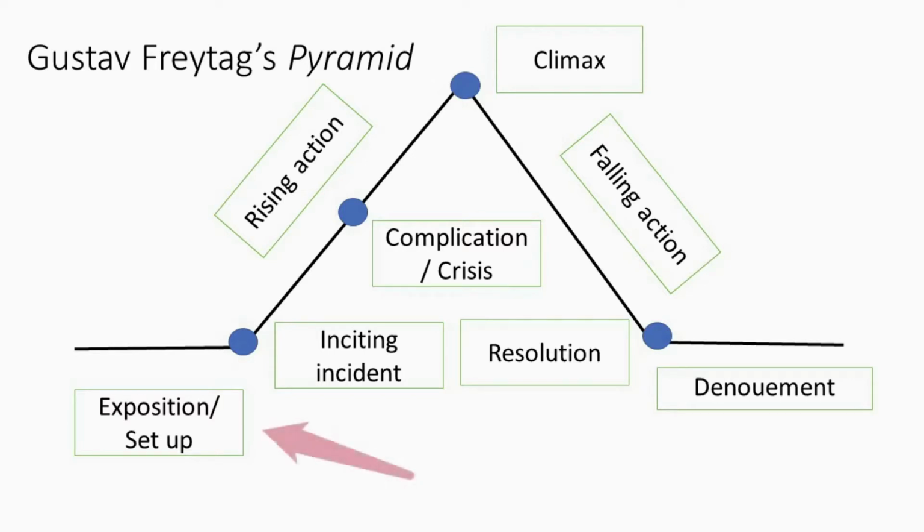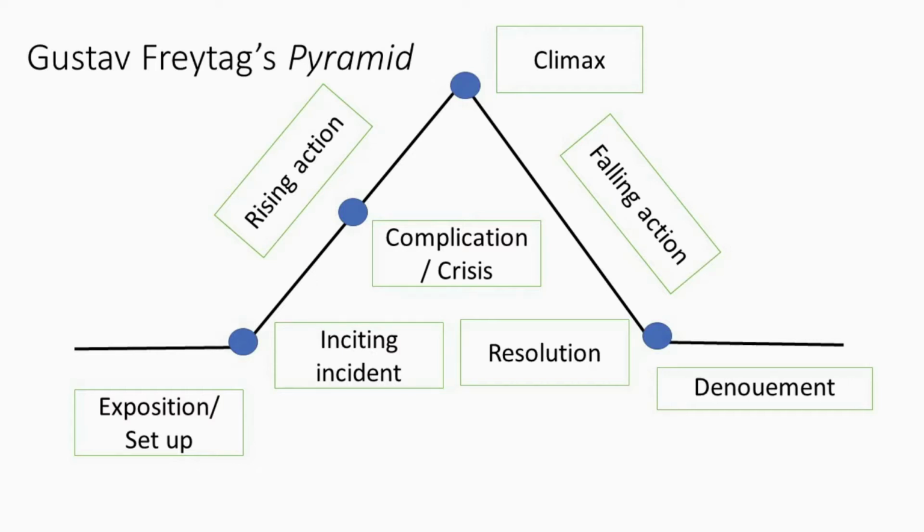So traditionally, story arcs are made up of an exposition or an introduction where characters are introduced and the background and context is made known to the readers or to the audience before we have an inciting incident or something that happens that gets the action moving, at which point greater obstacles are introduced to the main characters in the rising action, and as tension rises you can see the graph goes up in Gustav Freytag's pyramid.